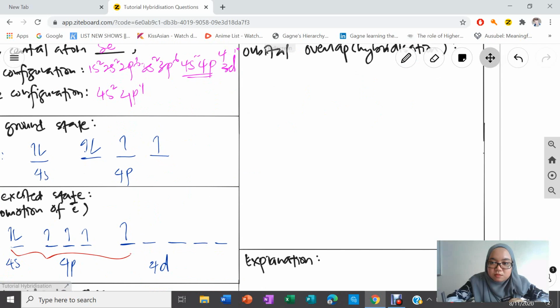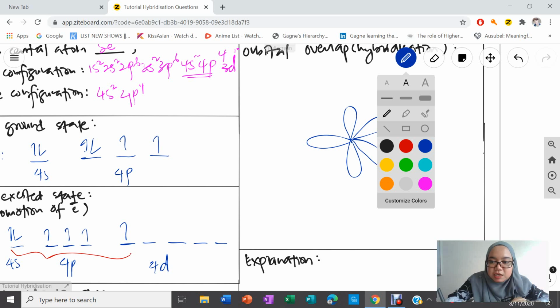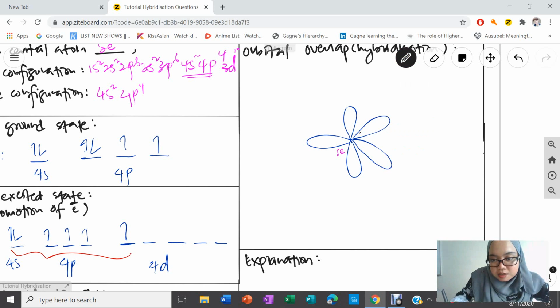So we need to label this Se, and then we need to label this sp3d, sp3d, sp3d, sp3d, one more, sp3d. So this is the sp3d hybridized orbital for the Se central atom.